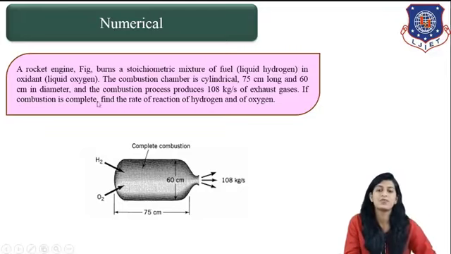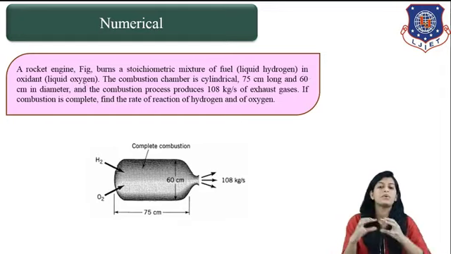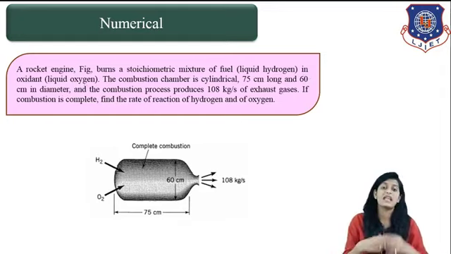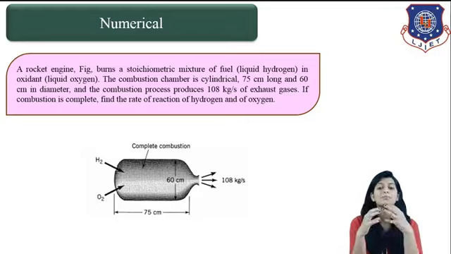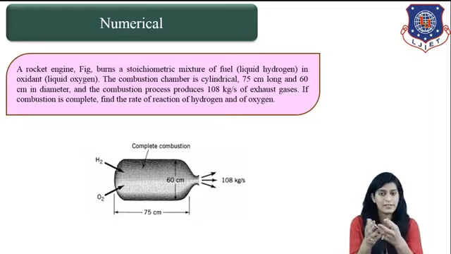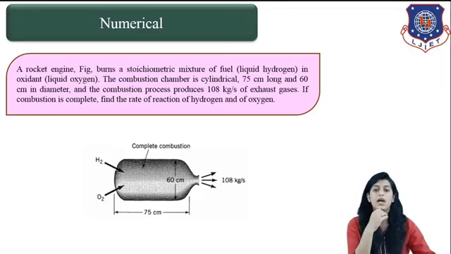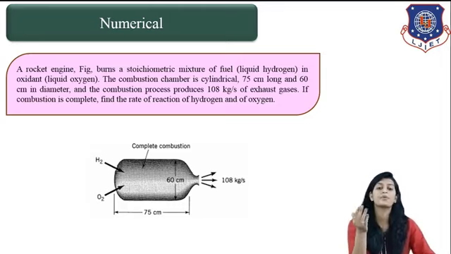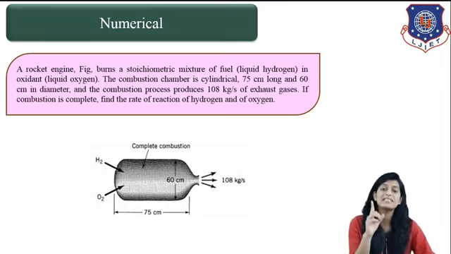Now, the next thing given to us is liquid hydrogen and the oxidant, that is liquid oxygen. Liquid hydrogen and liquid oxygen are getting combusted to give the desired amount of energy. For this, the combustion process produces 108 kg per second of exhaust gas.